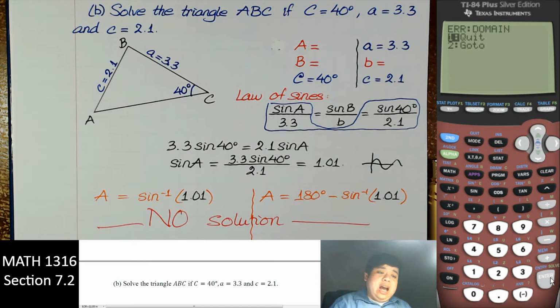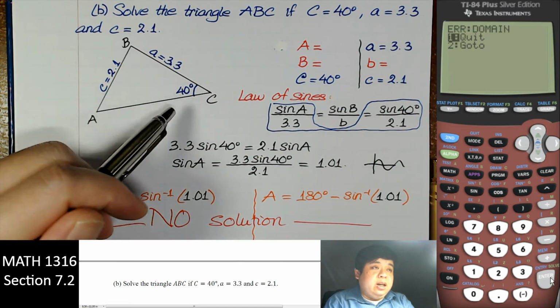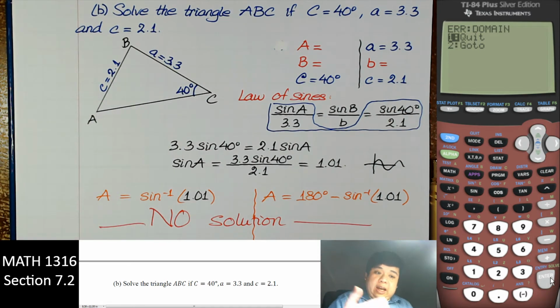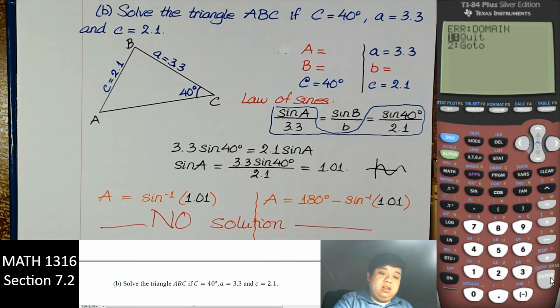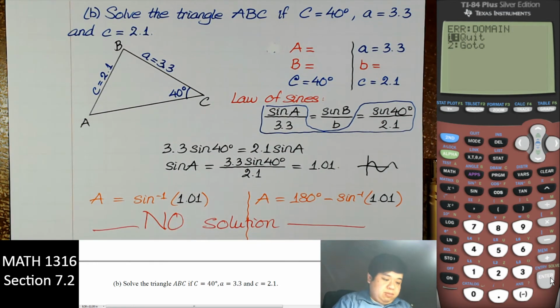Like I said, at first we don't know if there's no solution or not. The only thing we know is we use the law of sines, and when we do that, trying to find an angle, it doesn't work because neither of them works. So in that case, we have no solution.